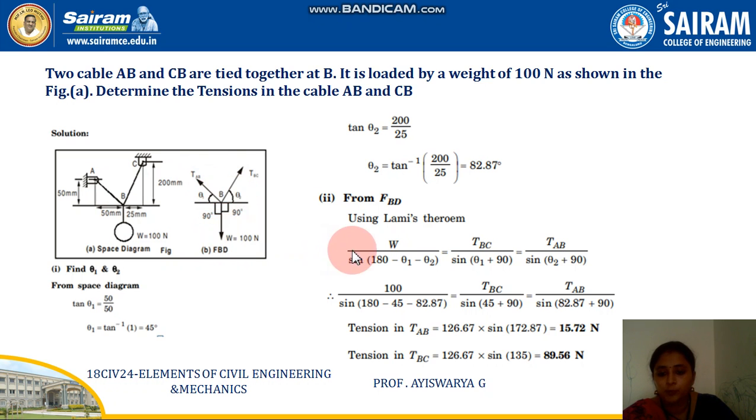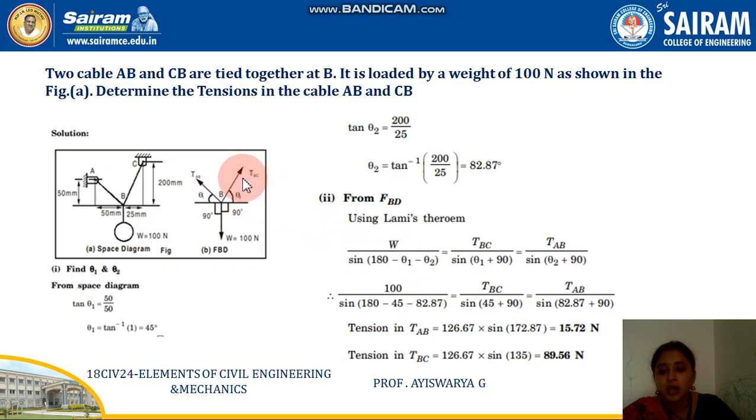For example, one force is W. W divided by sine of, how much is this angle? See, we know that it's fully 180 degrees. So 180 minus theta 1 minus theta 2 will give you the angle between the other two forces, right. So 180 minus theta 1 minus theta 2. Already we have found this theta 1 and theta 2. Okay, it's not a big deal.